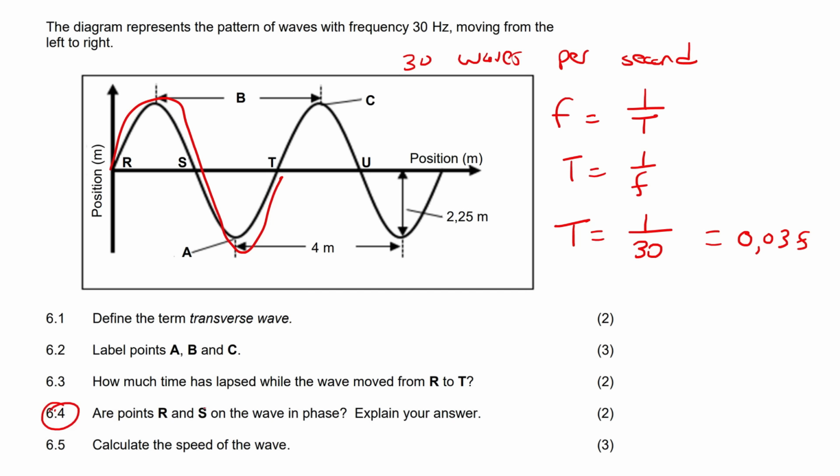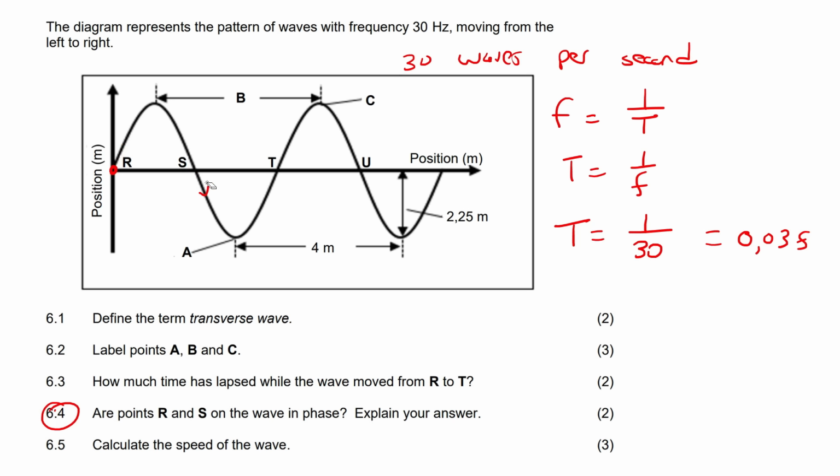This question says, are the points R and S on the wave in phase? Well, no, they're not, but let me explain. Remember, we've spoken about this before. If you look carefully at the line going to the right of point R, it's going up. If you look at the line to the right of point S, it's going down. So they're not in the same kind of position.